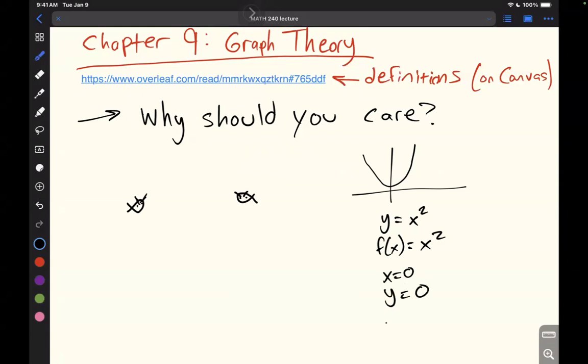If you give it x as 2, you get y as 4, right? So even your normal XY graph is consisting of pairs.